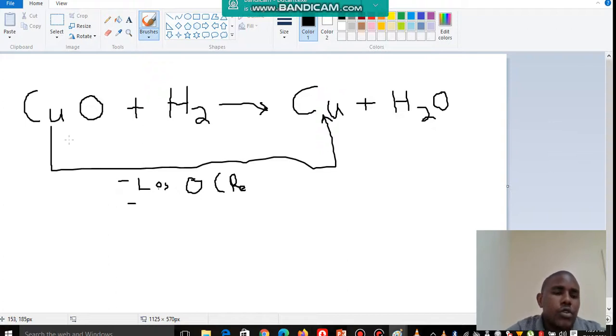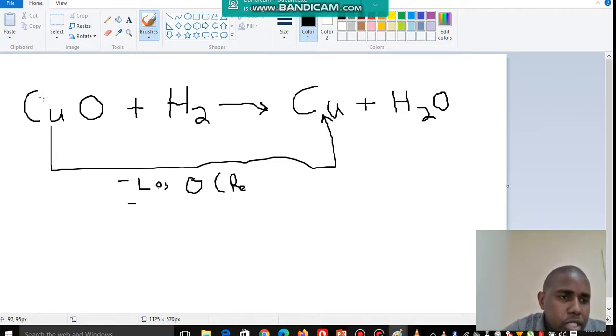In terms of oxidation state, if you want to look for the oxidation state of an element within the compound, you have to make it the subject, and based on the oxidation state of its combined element, you can then find out the oxidation state of the particular element you want to know.